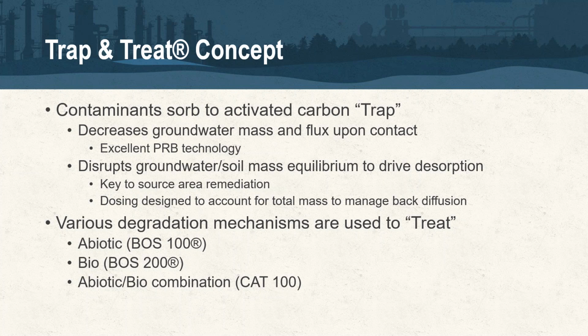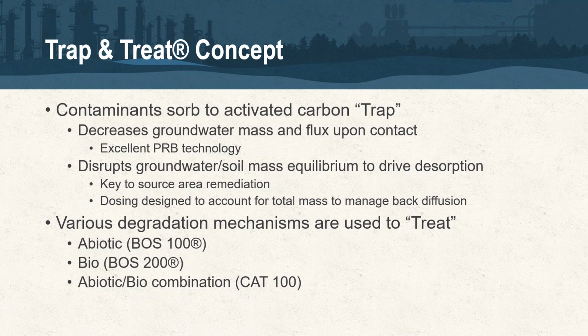But when you're in source areas, it's a little different because most of the mass is in the sorbed phase. So how do we get that mass off the sorbed phase into the aqueous phase where it can be treated, sorbed onto the carbon, and then subsequently treated when we're discussing trap and treat technologies? The only way that we can do that is to disrupt that natural soil to groundwater equilibrium. If we've done a good job on the design and on the installation end, we can adsorb what's available. What's available is what's in groundwater, right?